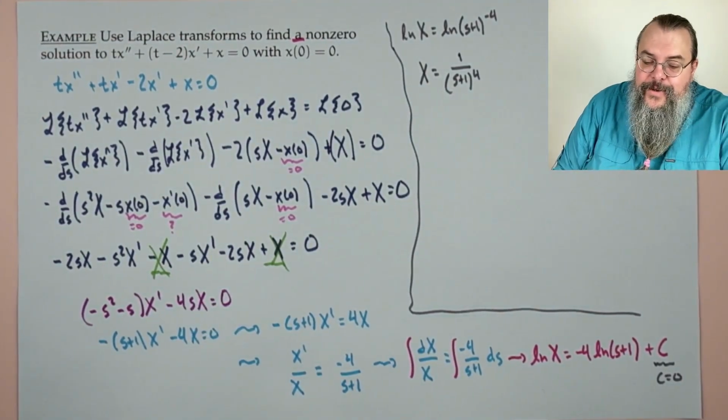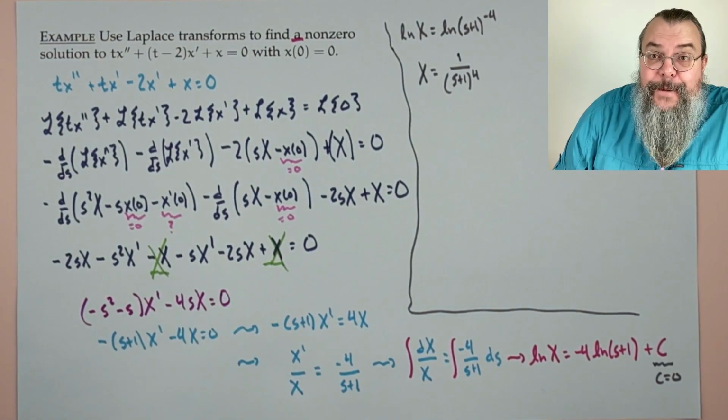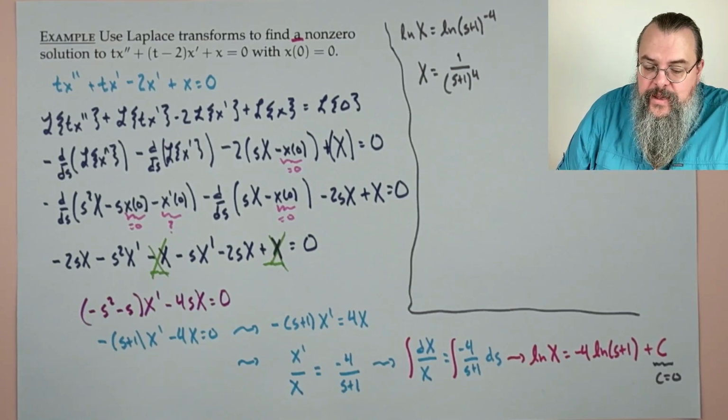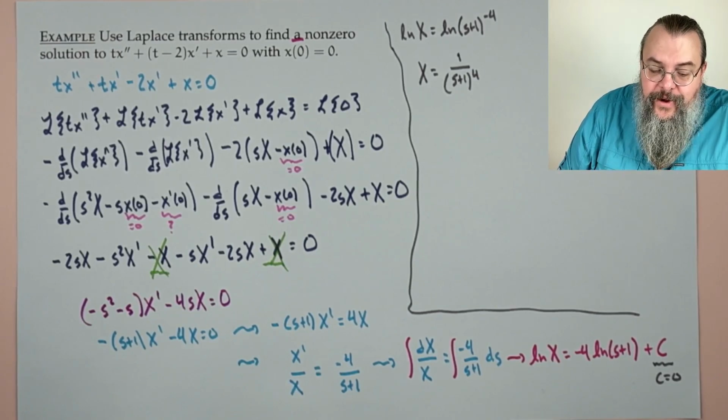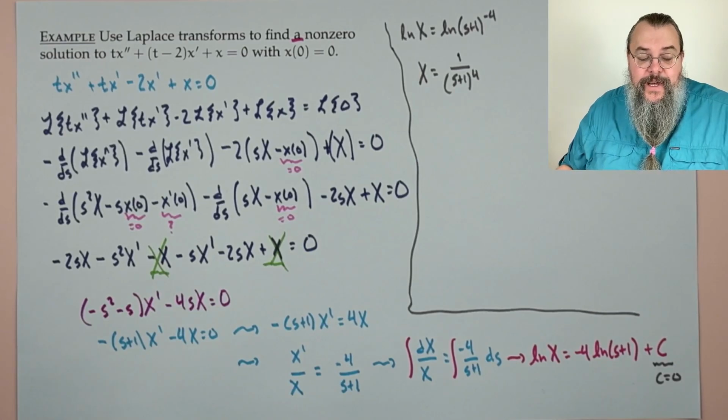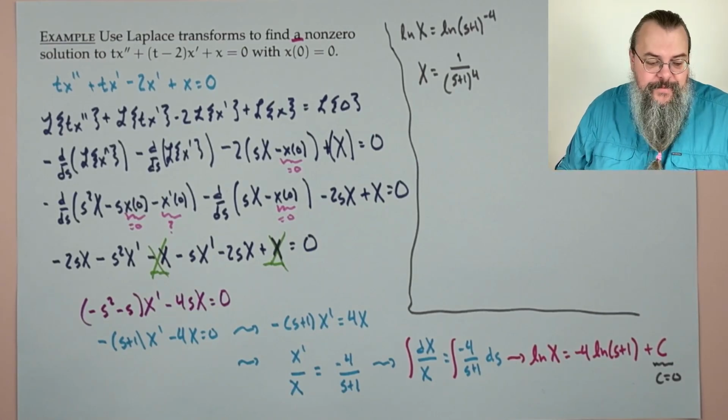All right, so now we're in pretty good shape. What do we need to do to finish up? Well, the last thing we need to do is we need to solve for little x, not capital X. So how can we do that? We'll do an inverse Laplace.